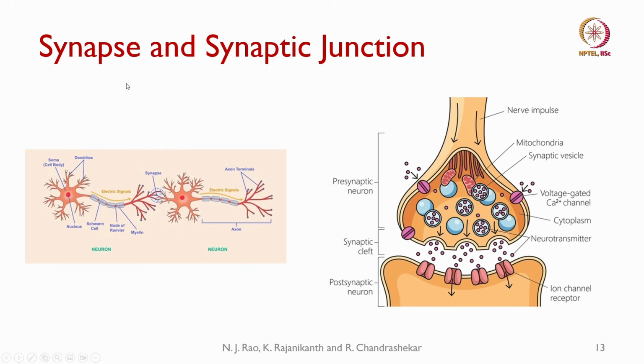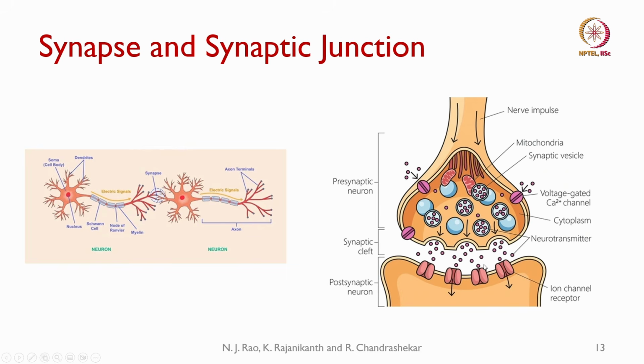Now, the funny thing: the information gets transferred as electrical impulse from one neuron to another, but the actual connection is not electrical. The synaptic junction is like this. When a nerve impulse comes from here, a signal comes here, it releases some neurotransmitter.